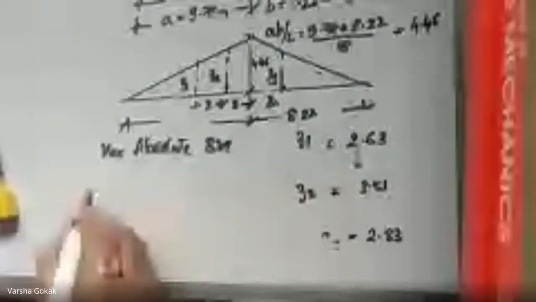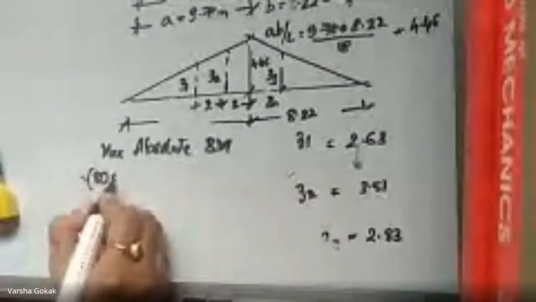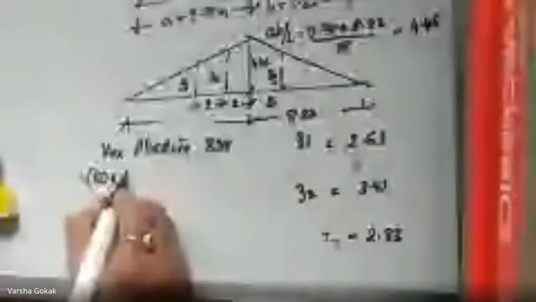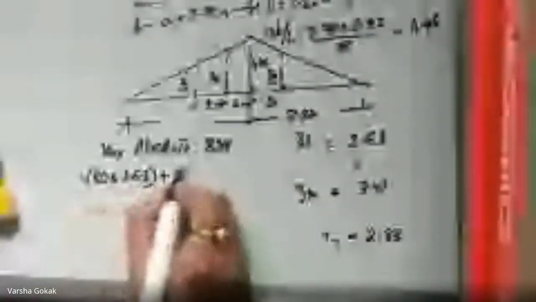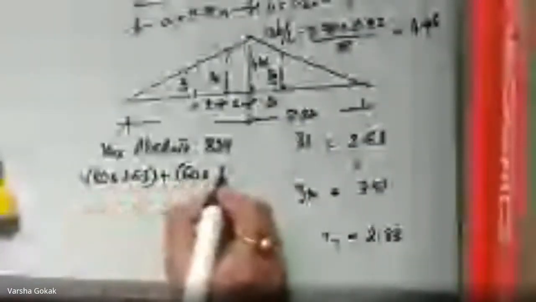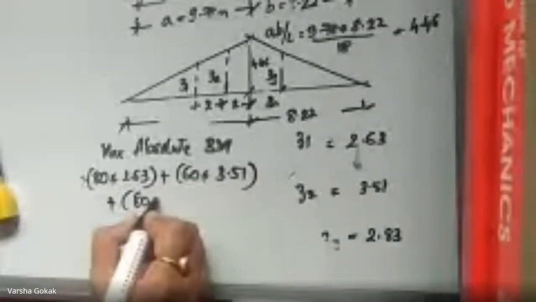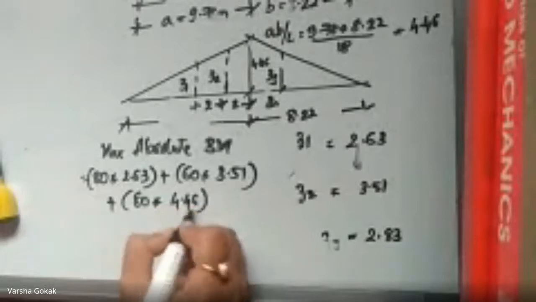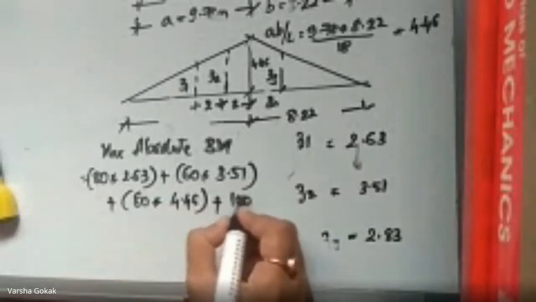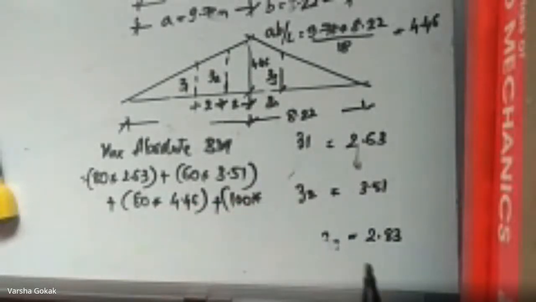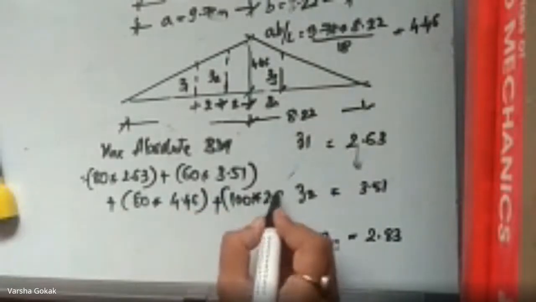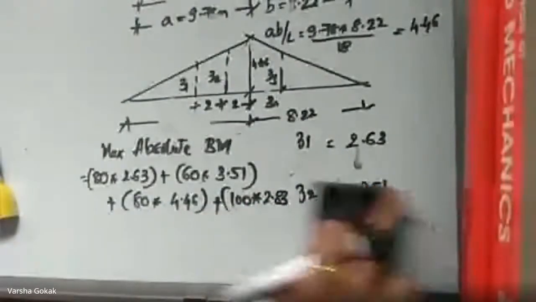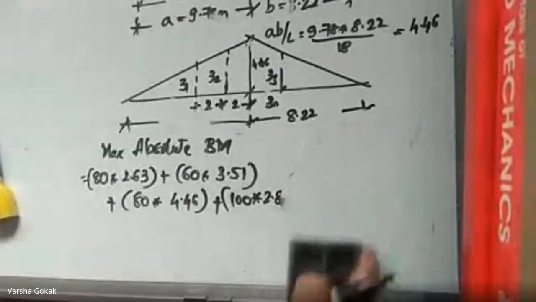I'll write it here: 80 into Z1, that is 2.63, plus 60 into Z2, that is 3.51, plus 80 into the ordinate 4.46, plus 100 into Z3, that is 2.83. Calculate the maximum bending moment.